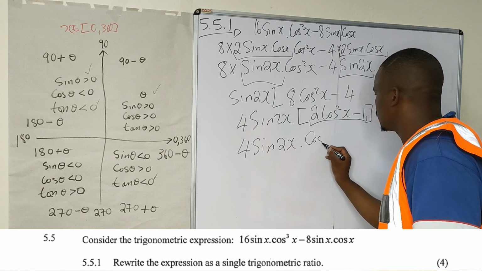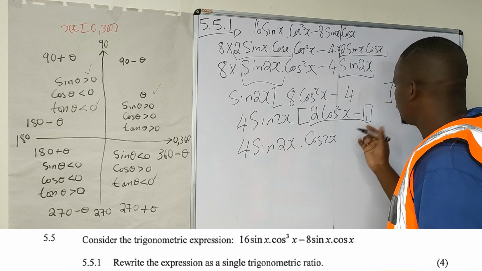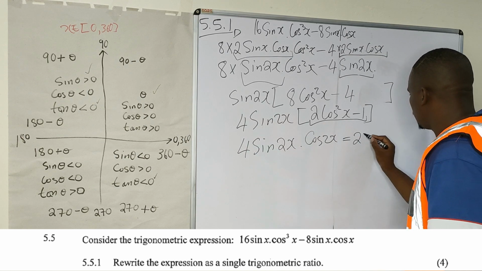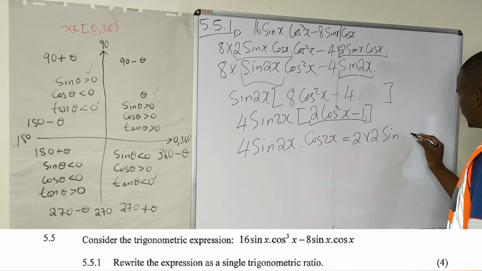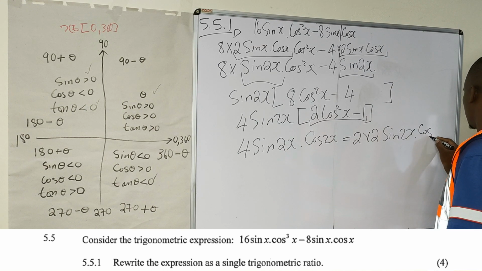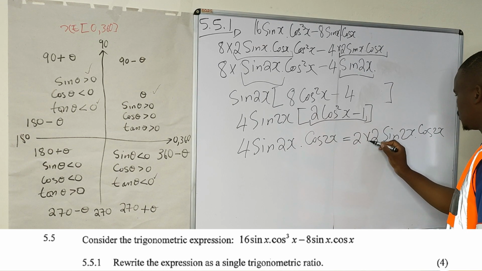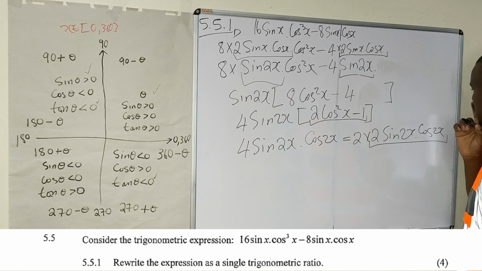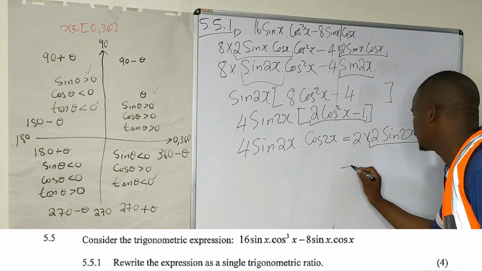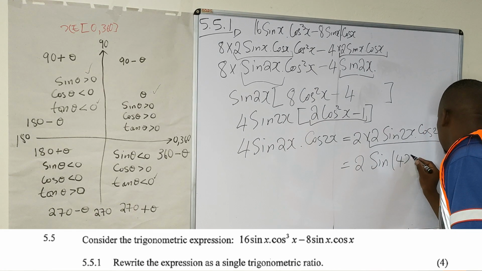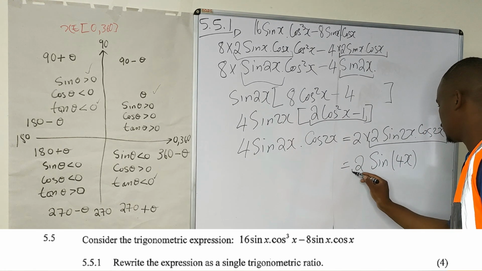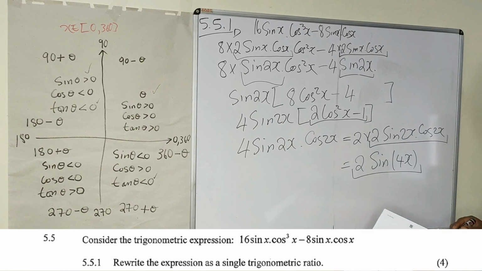So this is cos 2x here, which is equal to 2 times 2 sine 2x cos 2x, right? So this is a double angle identity. So we have 2 sine 4x here. So this is how far I can go.